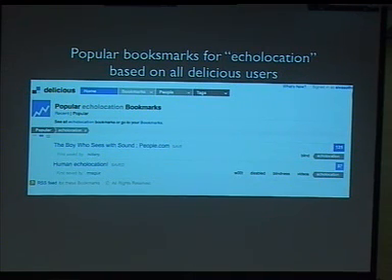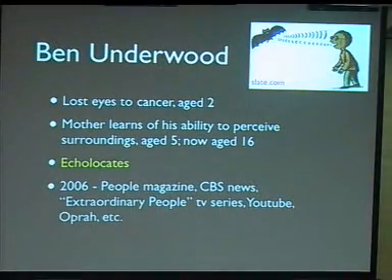Not all of us, because we are so dependent on our sight, all the other senses become reduced. But someone who's blind might discover, if they are blind early in life, they actually are able to differentiate echoes of returning objects. So because of Delicious, I found these stories about Ben Underwood, right?